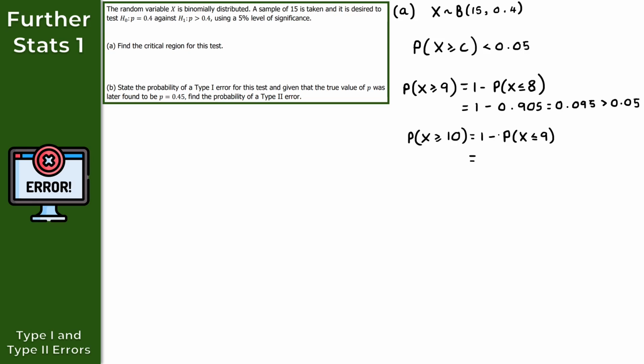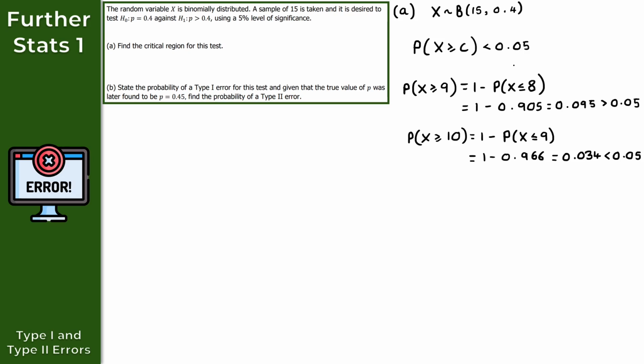So what I get is 1 minus 0.966, and this gives me 0.034. And in this case, this is less than 0.05, and therefore we've satisfied this condition here.